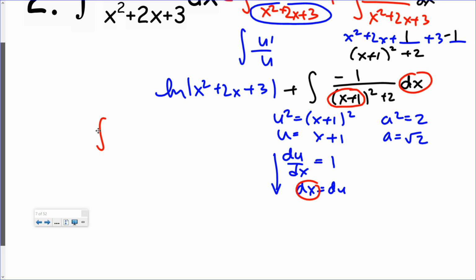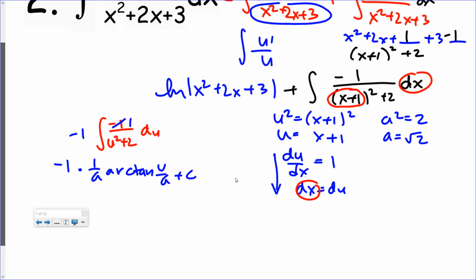This is the integral of negative 1 over u squared plus 2, and my dx is du. This should be something on my pink sheet. Yes, except for the negative 1. So this is actually negative 1 times, let me pull this out, 1 over a arc tangent u over a plus c, which is on my pink sheet.